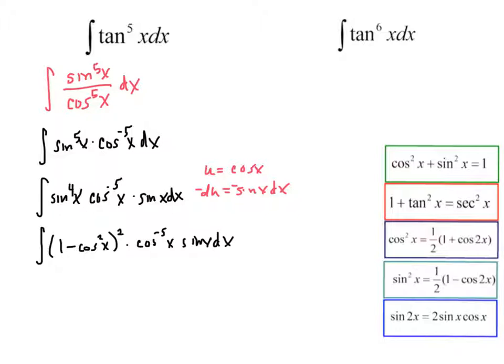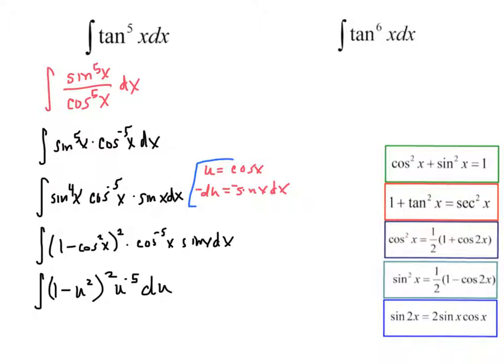So now, when I do my substitution that I designed, I get 1 minus u squared times u to the negative fifth du. And I can multiply this out, then multiply u to the negative fifth in, and then integrate with power rule.